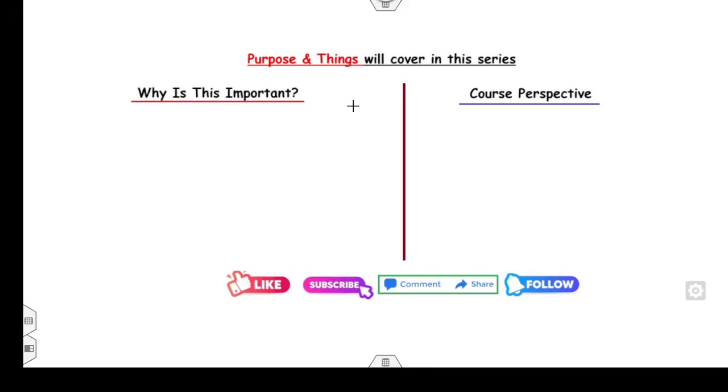Why is there an importance of this inner product space, and what is the course perspective that you can feel at the end of this lecture series? The inner product space is very useful in machine learning. It is very useful in image processing. It is very useful in control systems, and definitely it is also very useful in mathematics and statistics.